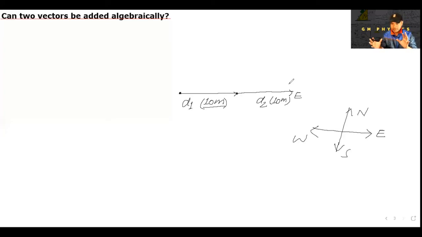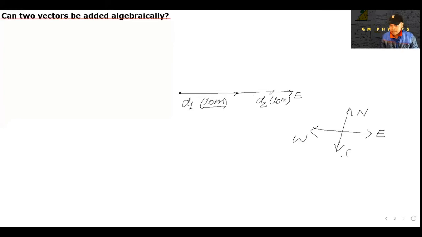That is a displacement. It shows the direction in which the body has displaced. So the person displaced 10 meters along east direction, that is his first displacement. And again, after some time, he starts moving and displaces 10 meters along east direction. So he has two displacements, D1 and D2.